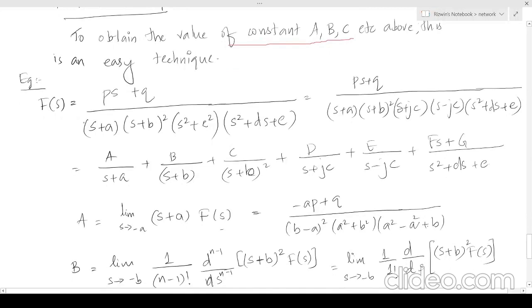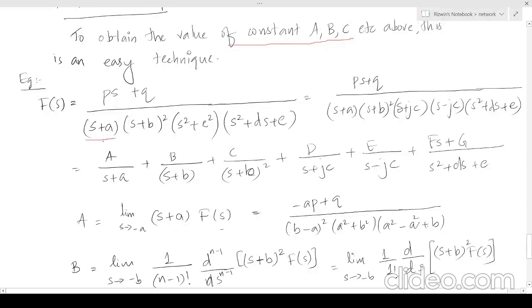So let me give a general example, where there is a function F of s equal to (ps plus q) by (s plus a) into (s plus b) all square plus (s plus c) into (s square plus ds plus e). When you closely watch, you could see there is a term s plus a with power 1.